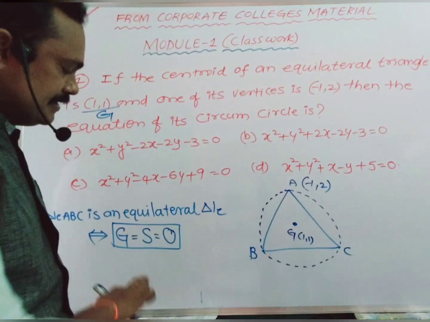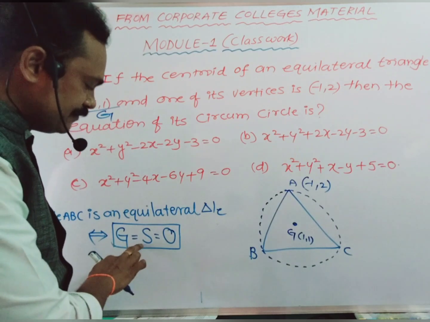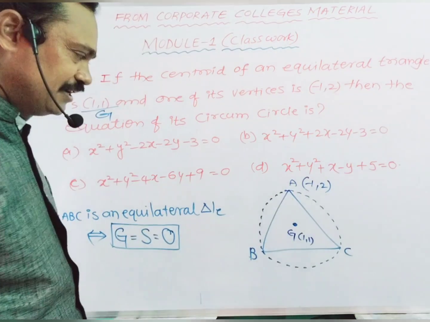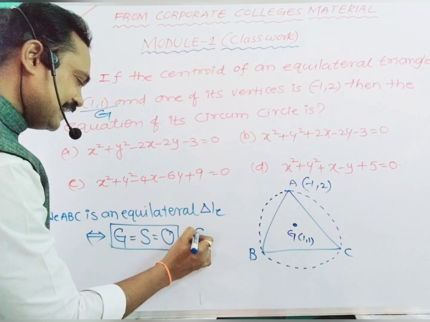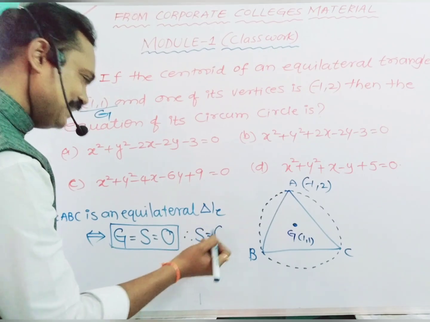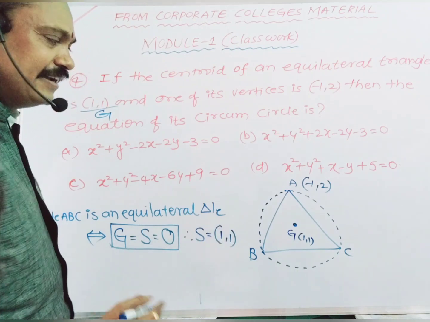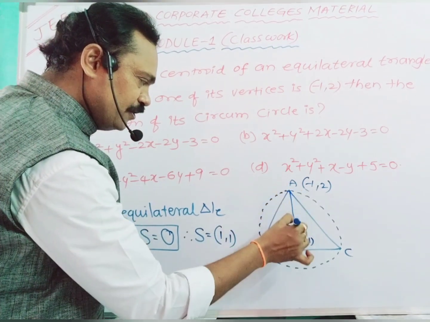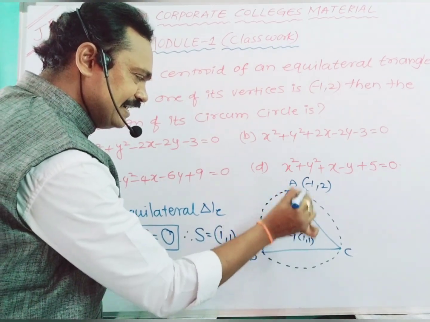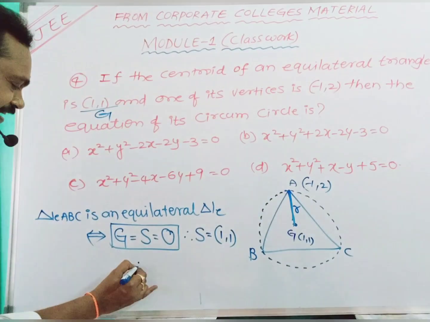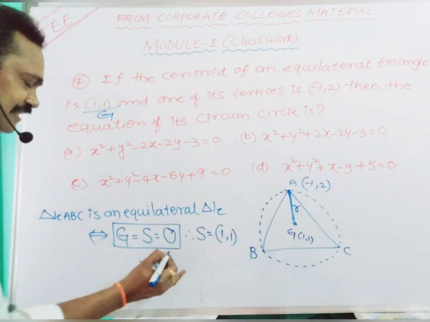So the circumcenter is nothing but G, and G is nothing but 1, 1. Now observe, AG represents the radius of the circumcircle.